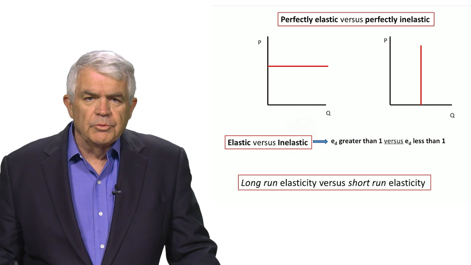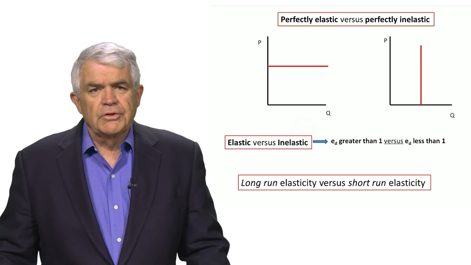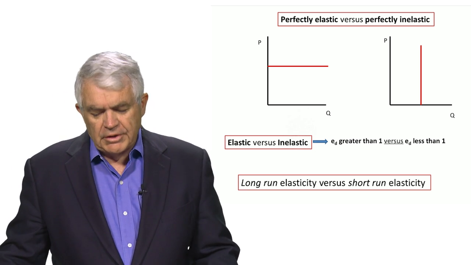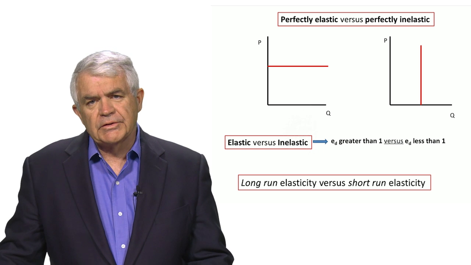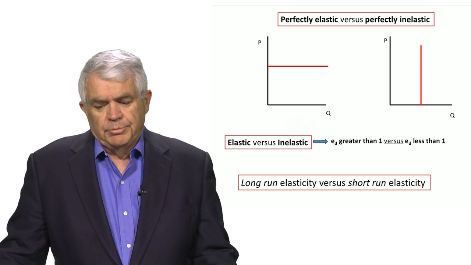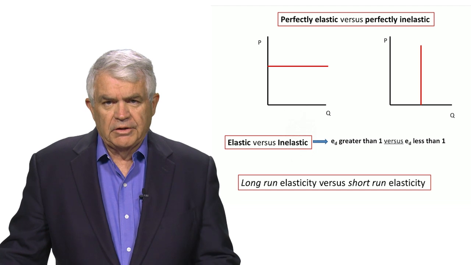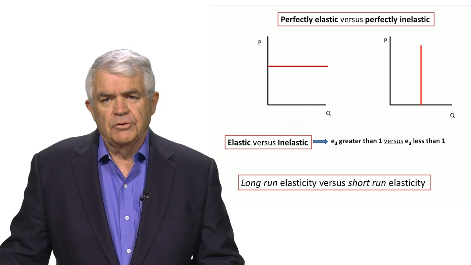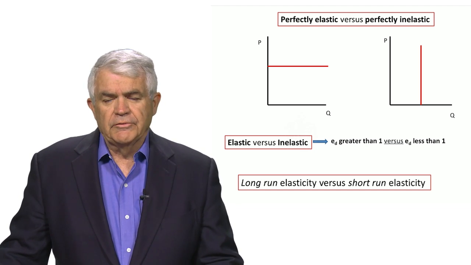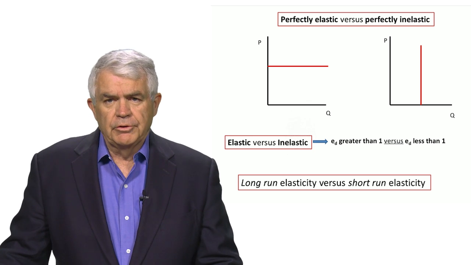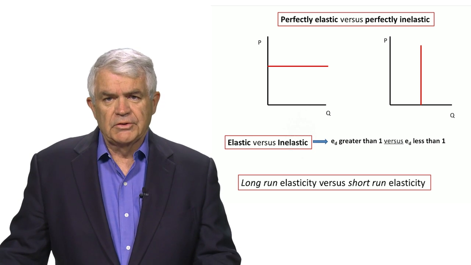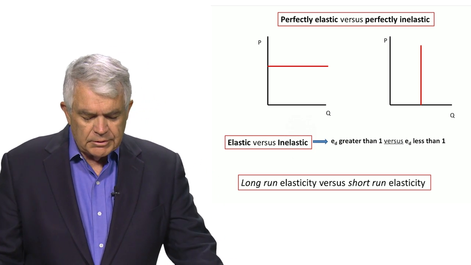And the reverse, which is perfectly inelastic, is where you can have a gigantic change in the price and you won't get any change in the quantity. That could be something that's completely fixed. No matter how much you change the price of a Mona Lisa, you're not going to get more Mona Lisas produced. There's one of them and that's it, so it's perfectly inelastic.